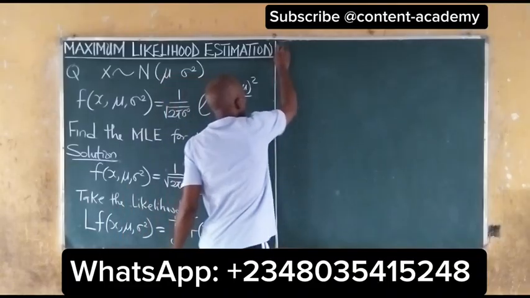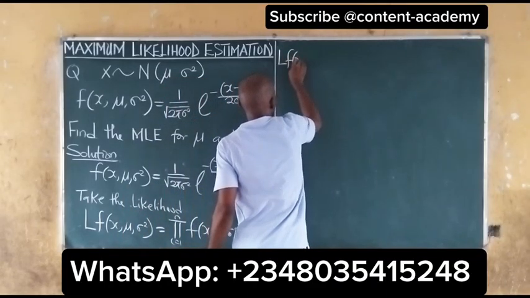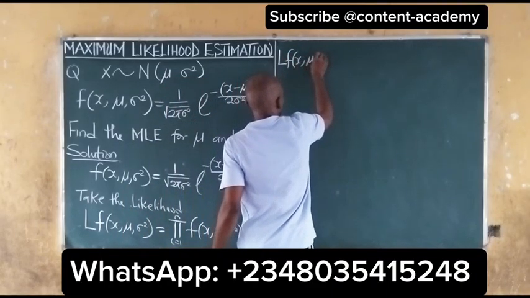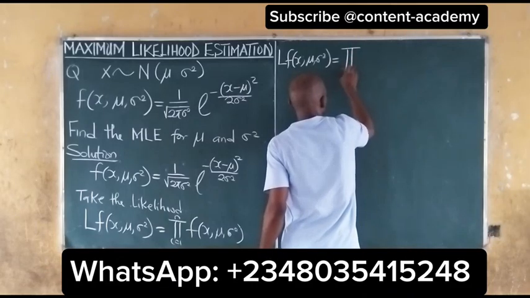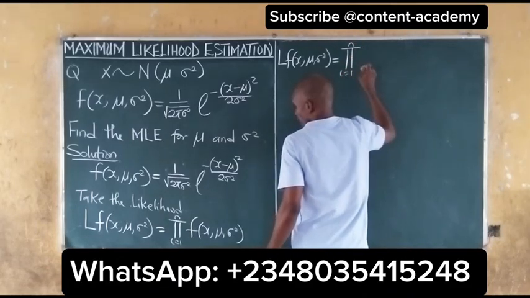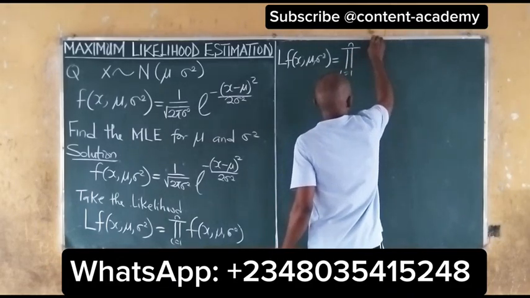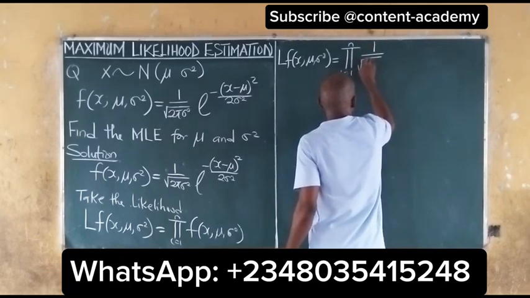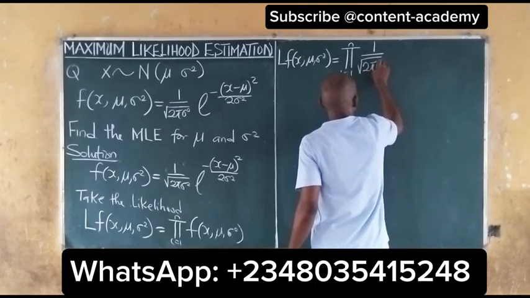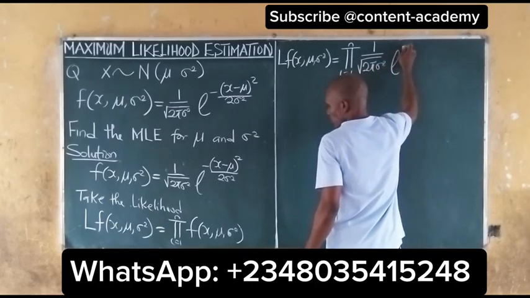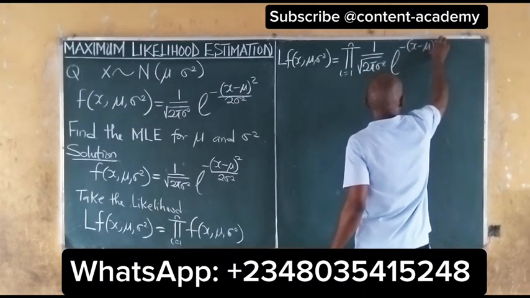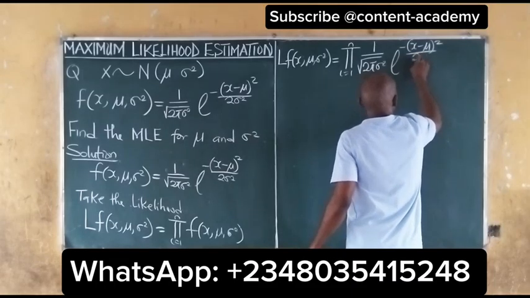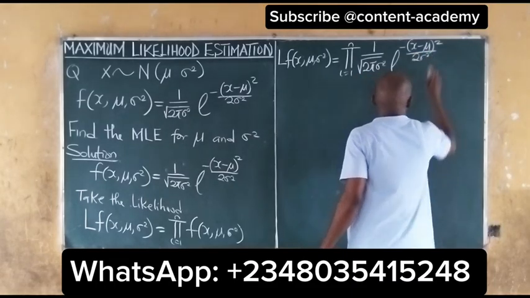It then means that our likelihood function is equal to the product, as i runs from 1 to n, of 1 over square root of 2 pi sigma squared exponential negative (x minus mu) squared all over 2 sigma squared.